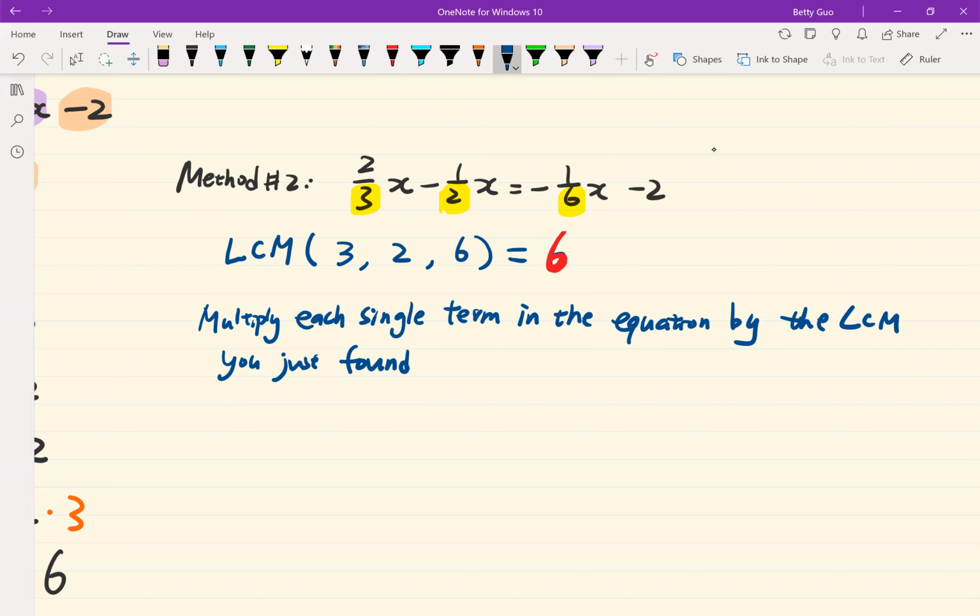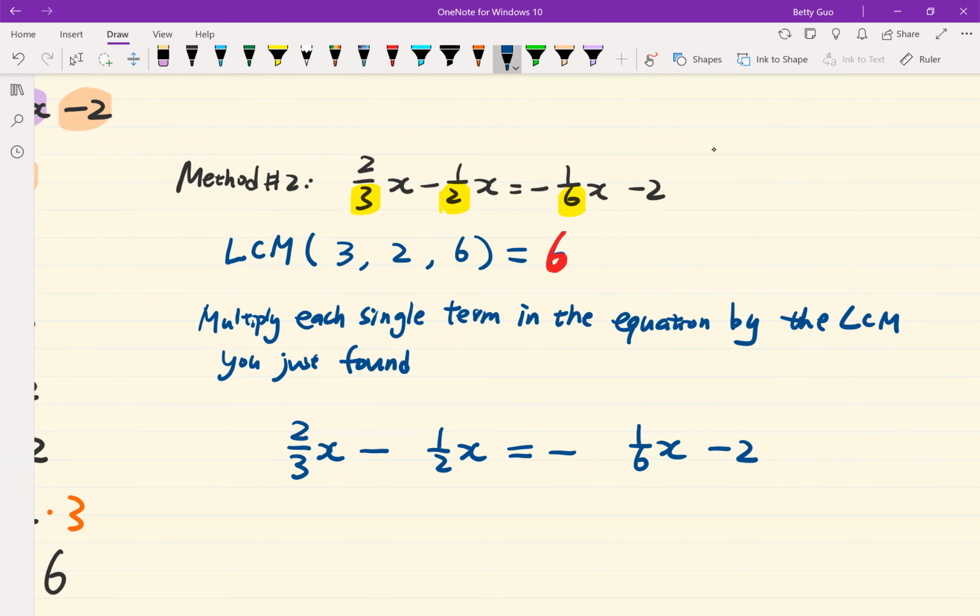In our case, it's 6. Let me show you what I mean. How many terms in the equation again? 4 terms.